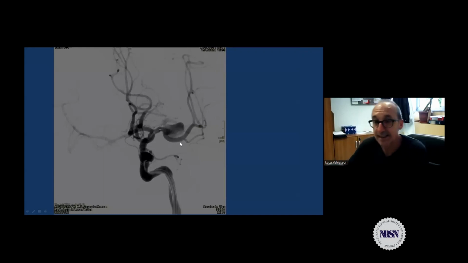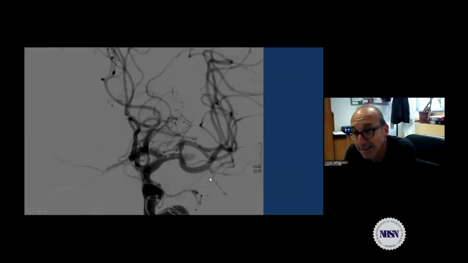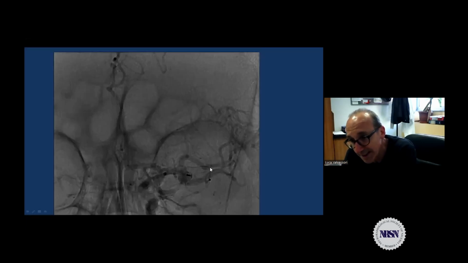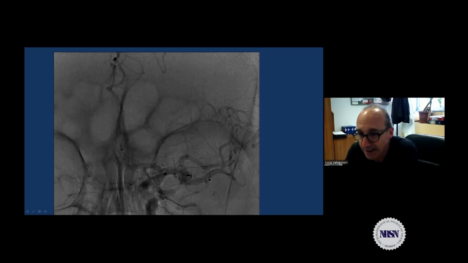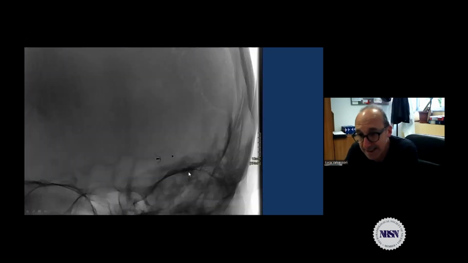We place this intrasaccular device, whose appearance you can see here, a kind of cylinder that you size depending on the size of the aneurysm. You place it inside and you detach. It is slightly adapting to the size and the shape of the aneurysm. Here it is deployed. And this is the 6 months follow-up.